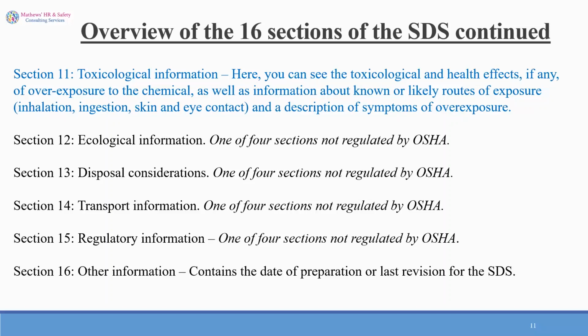Now, sections 12 through 15 are not regulated by OSHA. So typically in American-based chemicals, you're not going to see a lot of information here unless they're also utilizing those chemicals in other countries. Section 16 will have some other information such as the date of the preparation or the last revision.